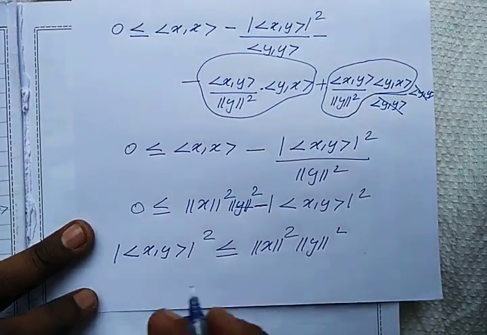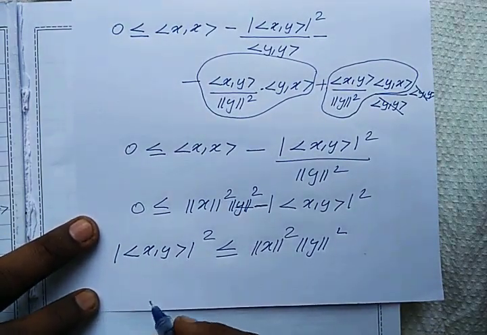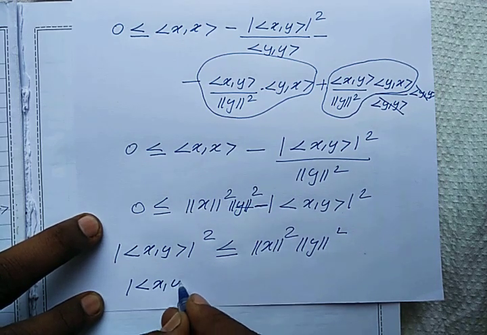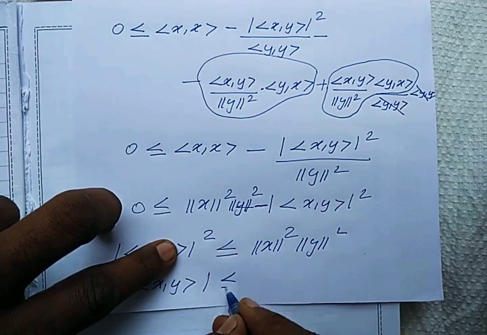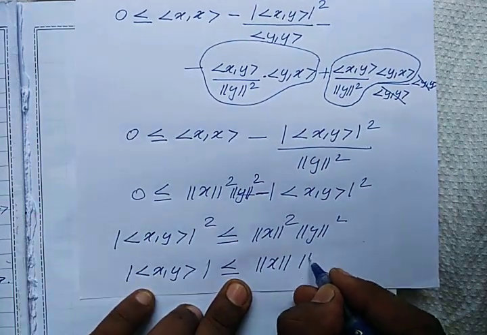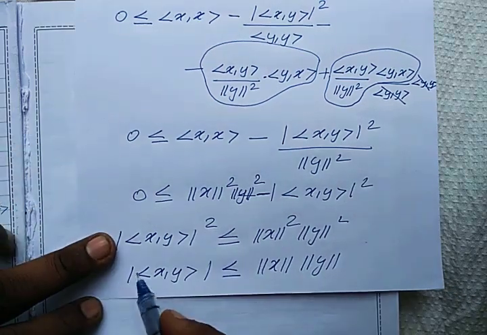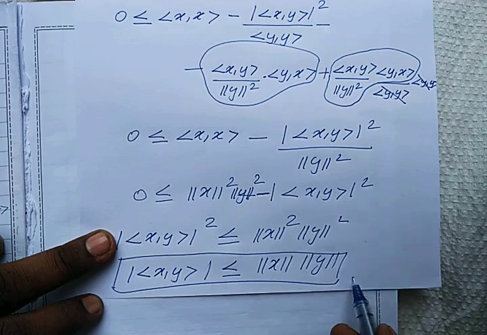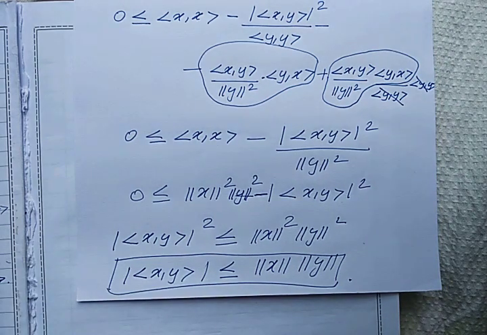Taking the square root on both sides, we get the modulus of the inner product of x comma y is less than or equal to norm x into norm y. This inequality is called the Cauchy-Schwarz inequality.